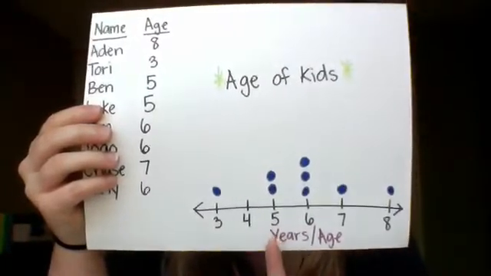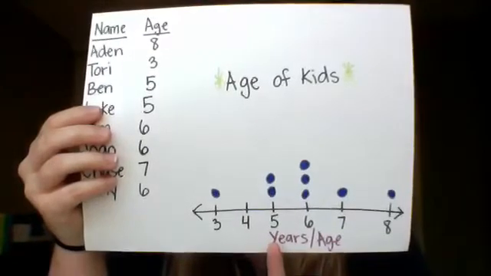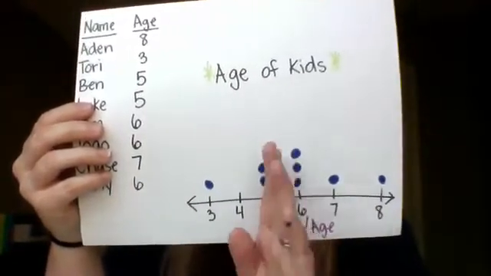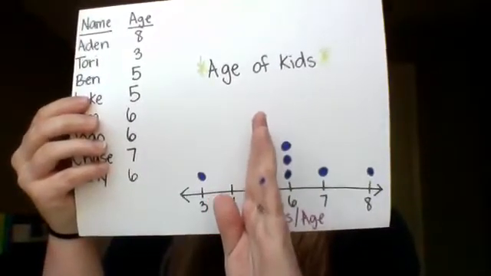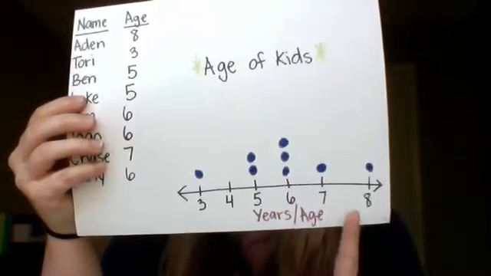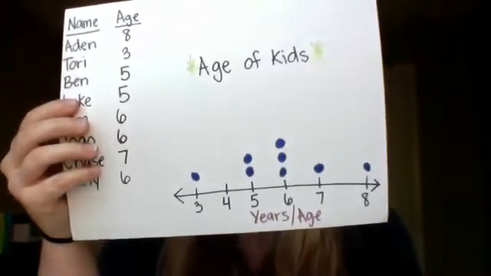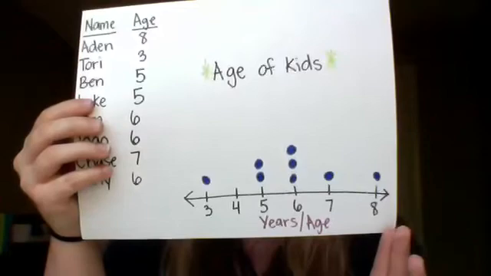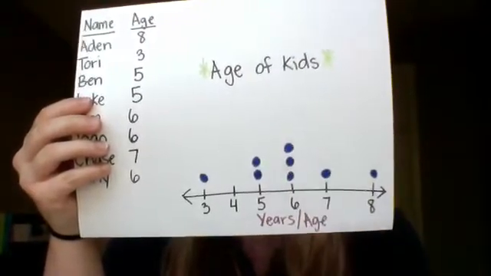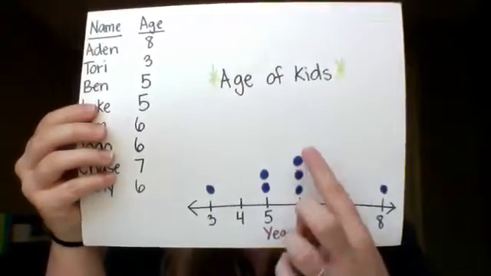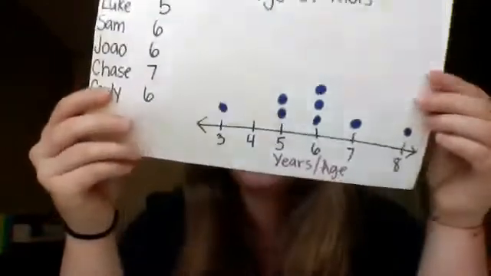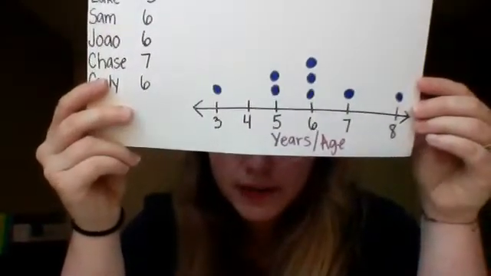Do I care about 5 right now? No. I want to know who is older than 5. So what I would do is I would look at the graph just from above 5. So I have 6, 7, and 8. How many kids were older than 5? I have 1, 2, 3 that were 6. So 3, 4, 5.